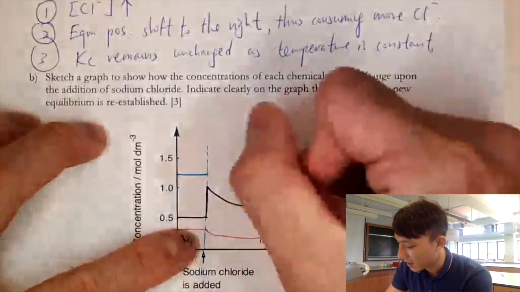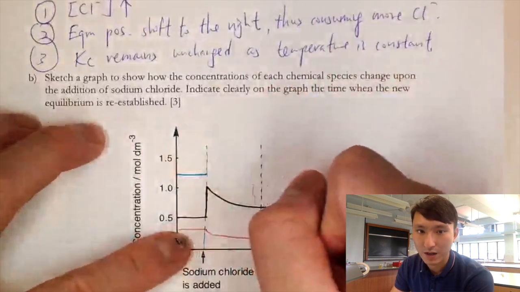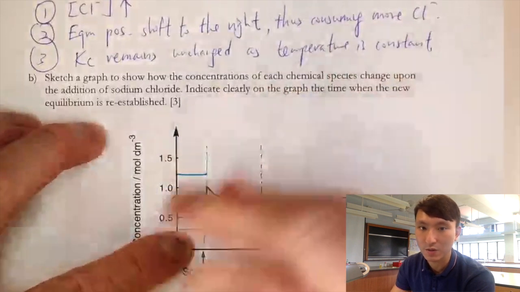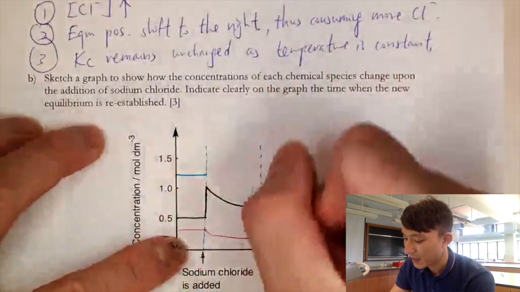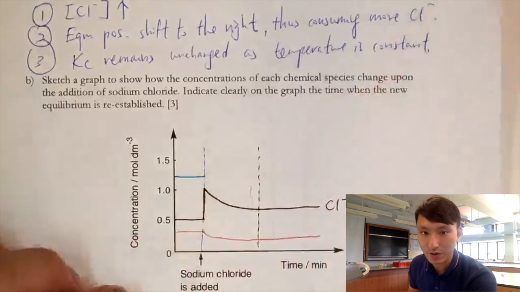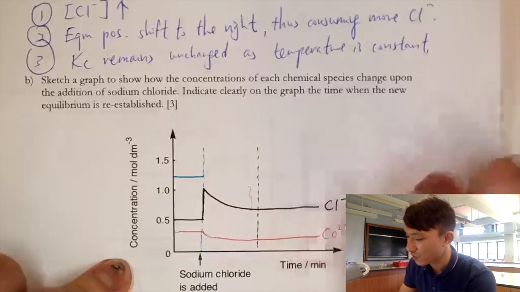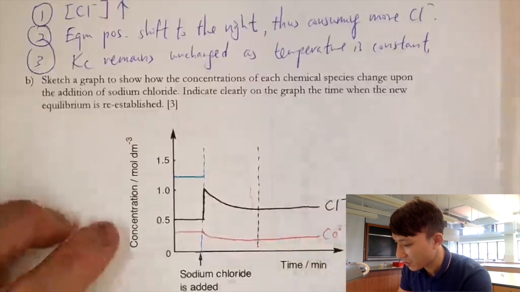If there is a huge decrease here, you cannot have a similar decrease for this one, otherwise it does not fit with the stoichiometry. It should be a 1 to 4 ratio. It's just a sketch, so you don't have to really measure using a ruler, but at least you have to show your understanding of the stoichiometry.